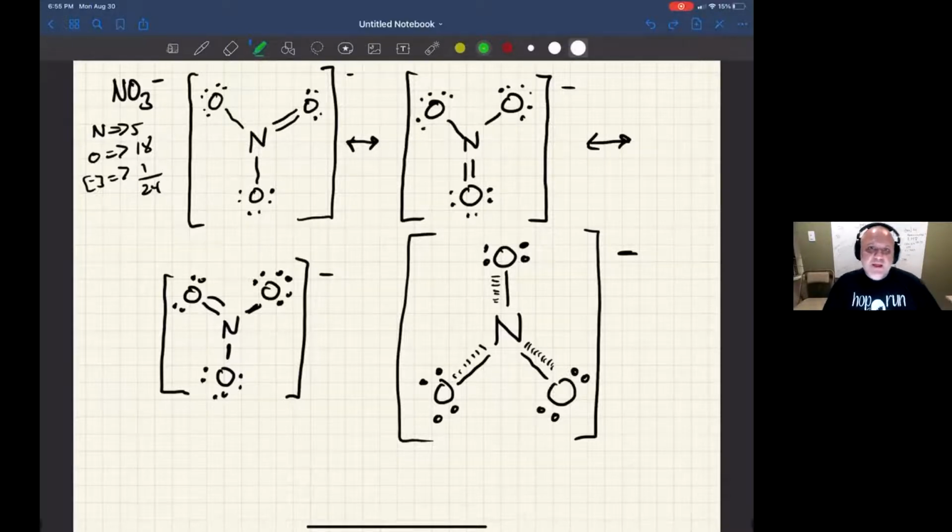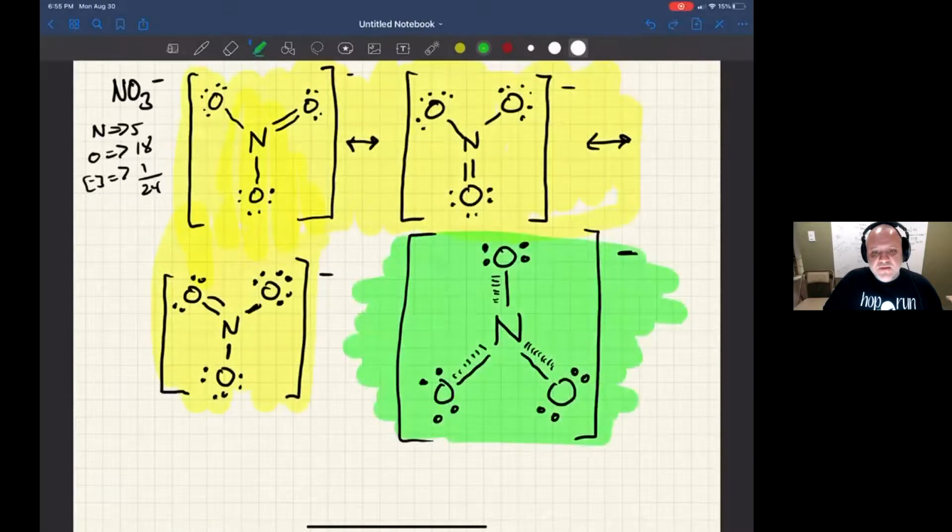We would say that the nitrate molecule doesn't have single bonds, it doesn't have double bonds, but has something in between. And whatever it is, we know that all of the bonds are the same. And so we would say that nitrate probably has three identical bonds to oxygen. And so again, these are the three resonance structures, and this is the resonance hybrid.